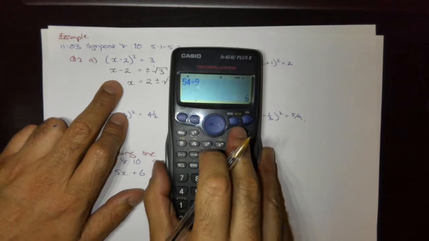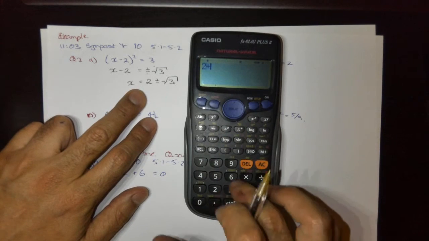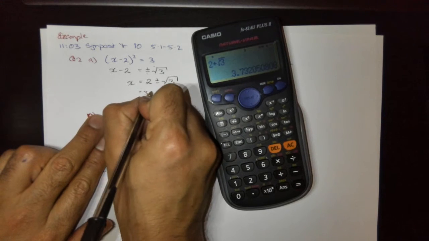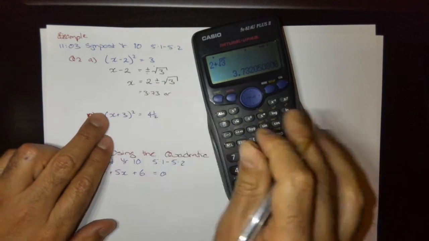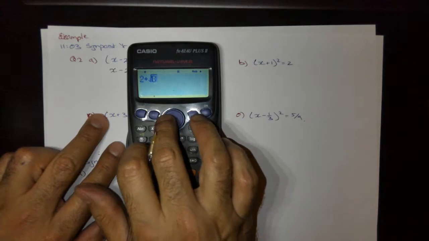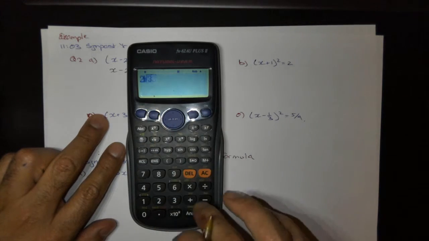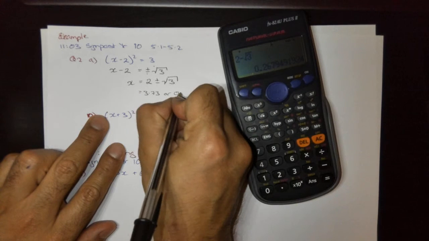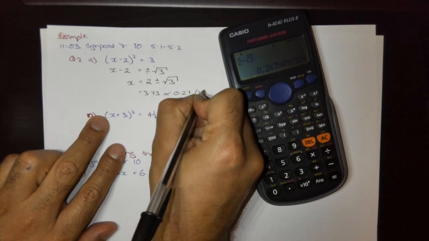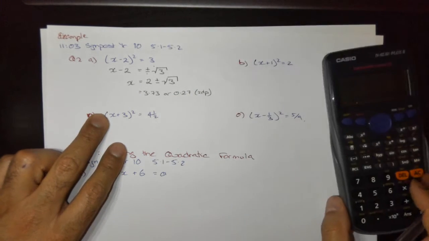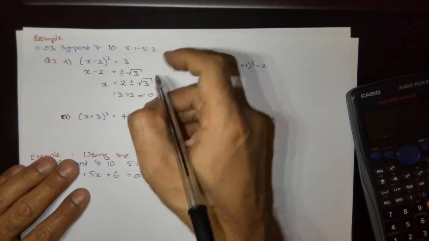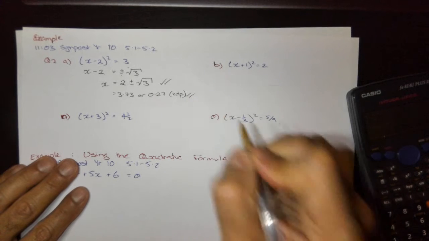And if I wanted to, I can plug that into my calculator. 2 plus square root 3, which is 3.73, or 2 minus square root 3, which is 0.27. Depends what the question is asking us to do, like if we want this answer or we want it in decimals.